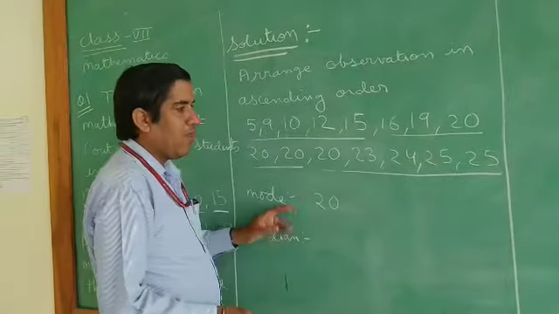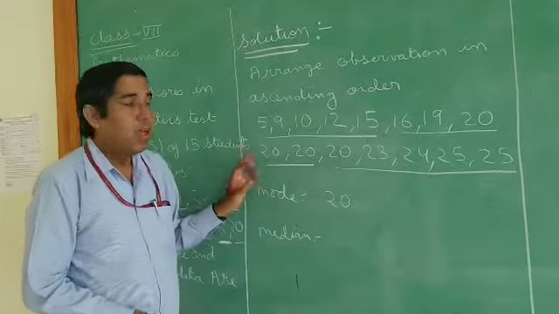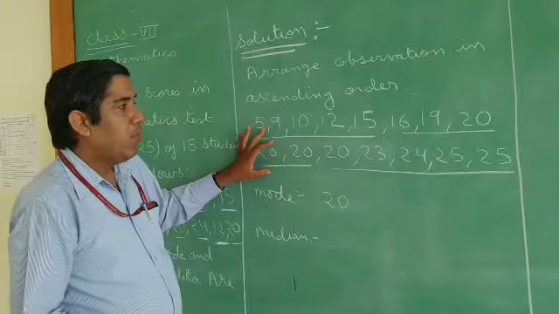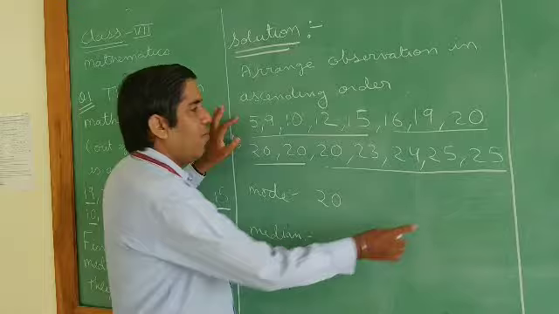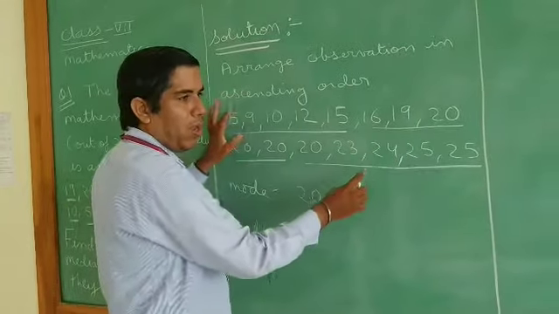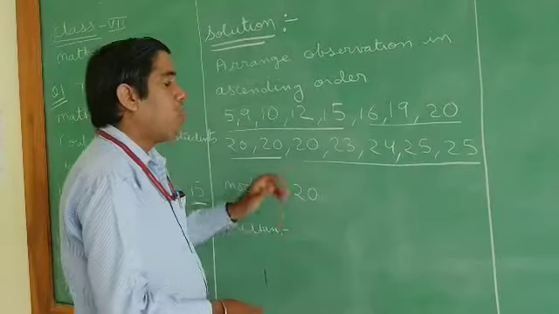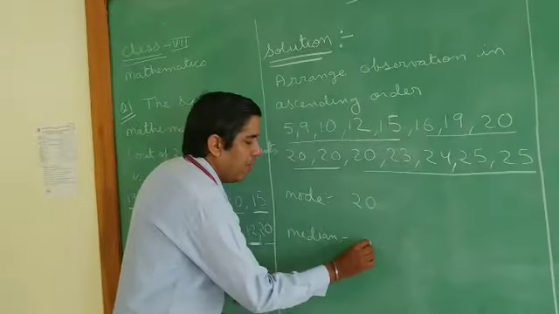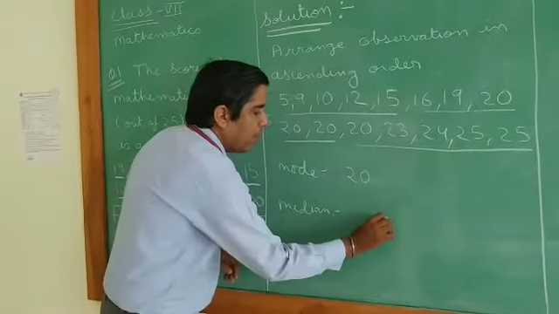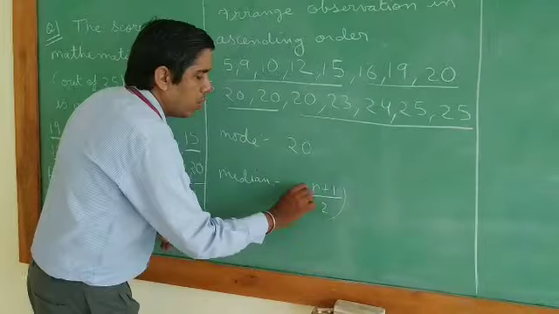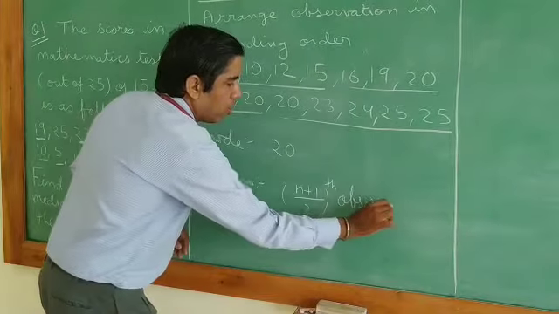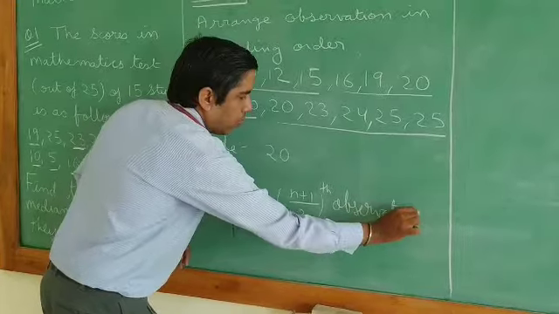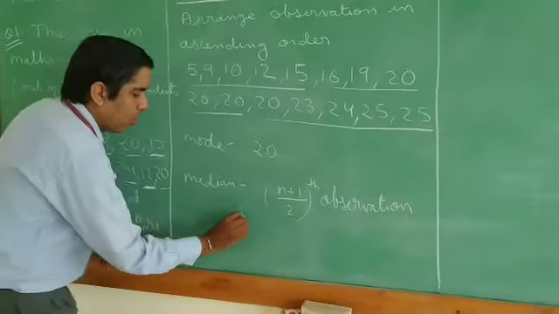We can use the formula, or directly we can find the center of 15. The middle observation will be which one? That we need to know. If I cancel one from each side like we are doing, that also we can do. So it will be the 8th observation, but there is one formula. Median is equal to (n plus 1) upon 2th observation, when n is odd.